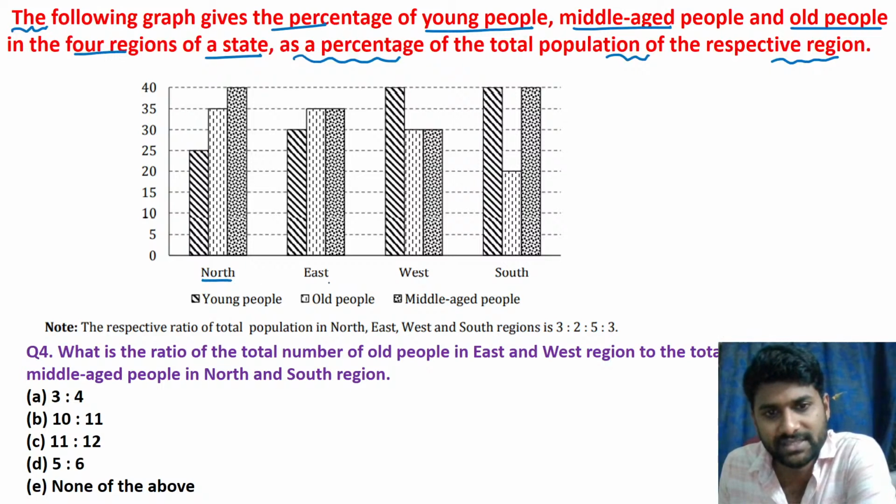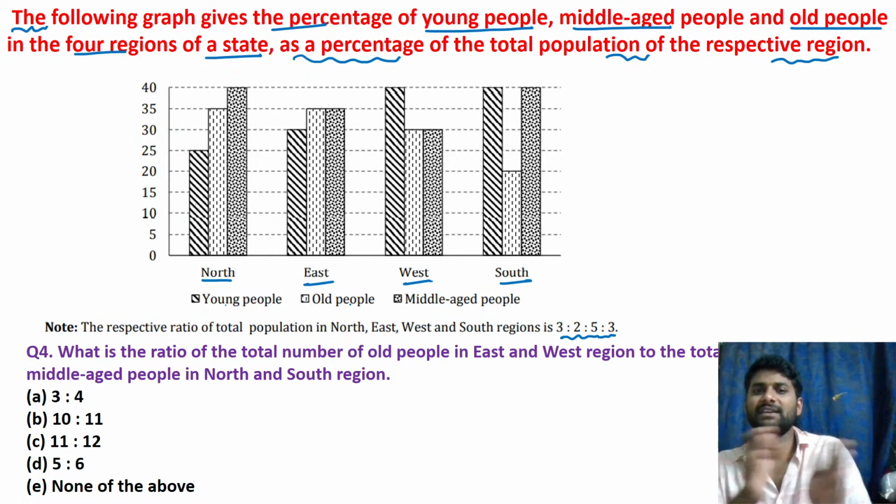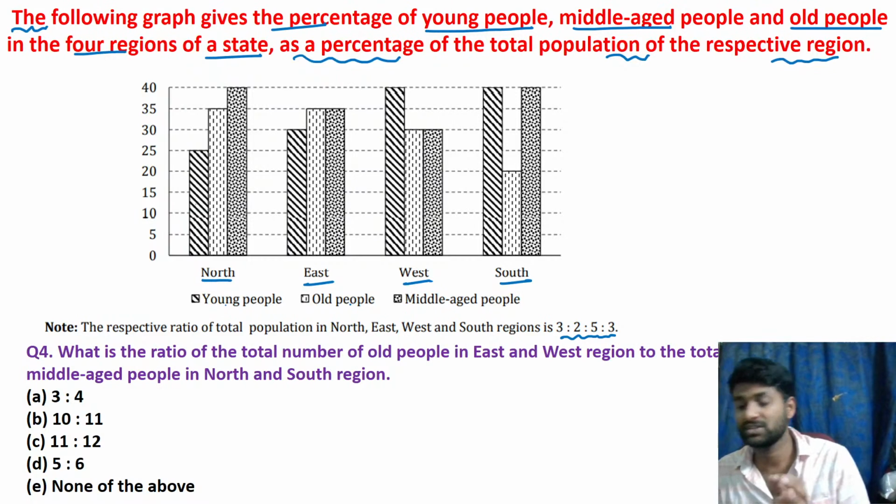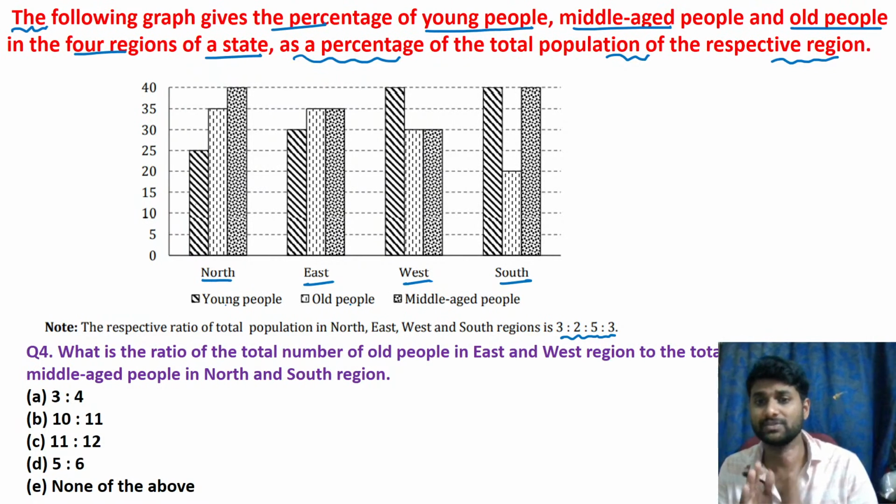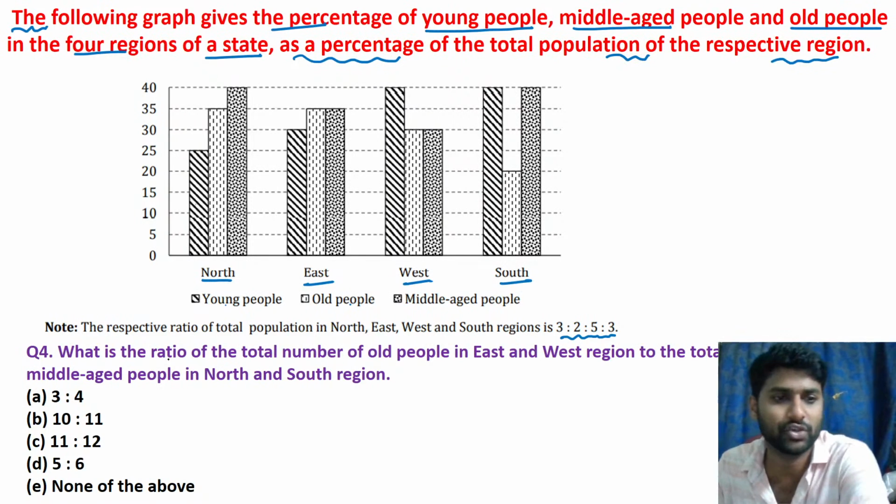Here we have northern, eastern, west, and south, and we have an indication. The first one is young people, old people, middle-aged people, and the respective ratio of total population in north, east, west, south region is 3 is to 2 is to 5 is to 3. The whole information is related to percentages and ratios. There is no specific value, no information related to the population. Try to focus on the whole data based on the questions only.